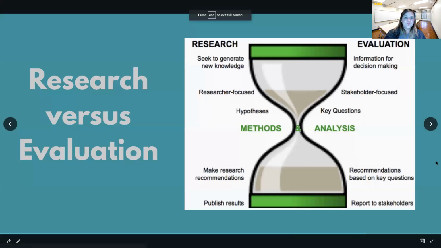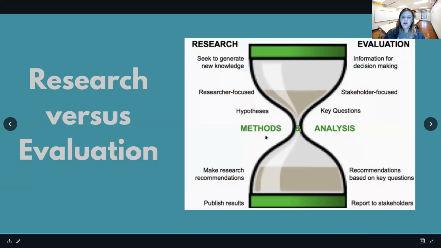All right. So, another important concept to address is what's the difference between research and evaluation? And there are some differences between research and evaluation, even though the methods and the analyses that we use are the same. If you look at this image, it gives us a good description of this.